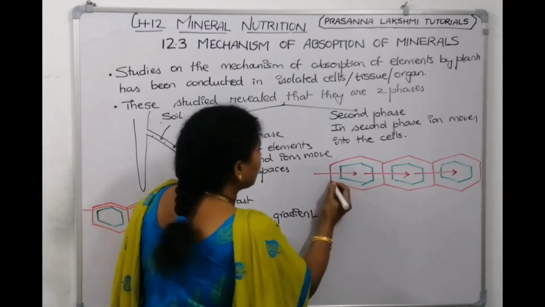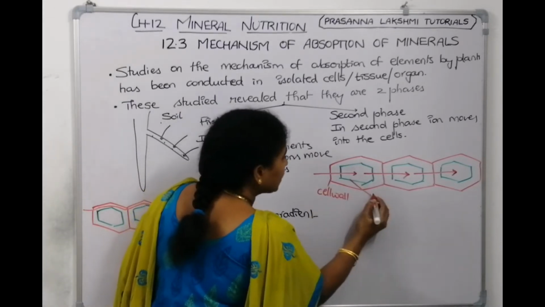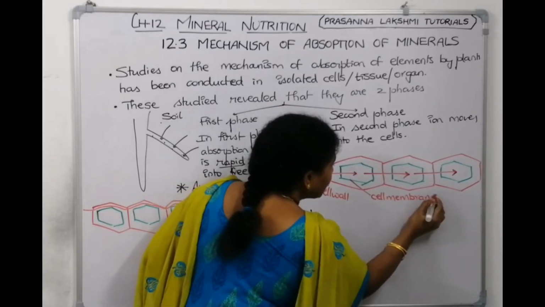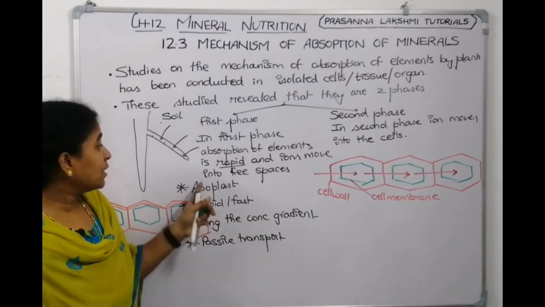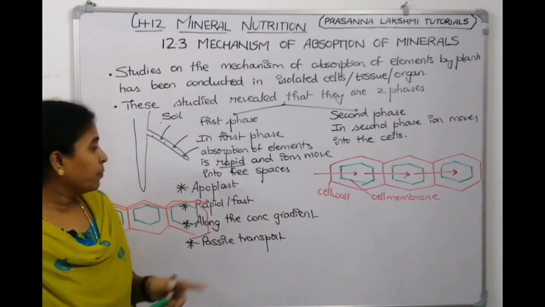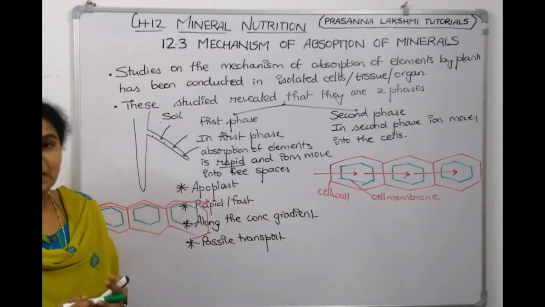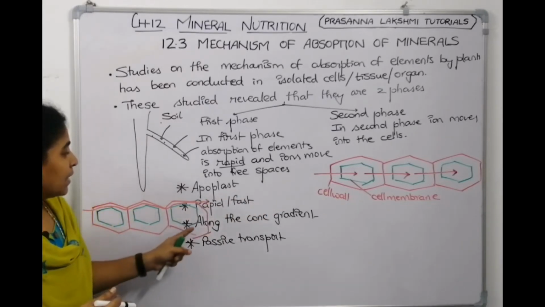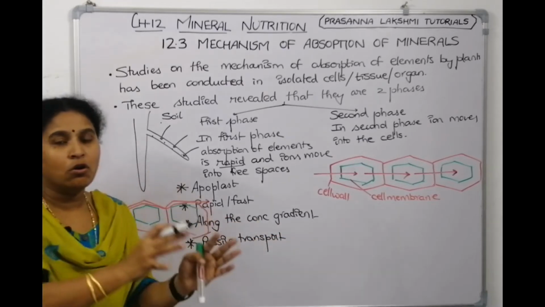They are crossing the cell wall, and the green one is the cell membrane. Whenever it is crossing a cell membrane, the process becomes slow. So if this process is rapid, this process is slow. If this process is apoplast, since it is moving through the gaps, this process is symplast, since it is moving into the living tissue.